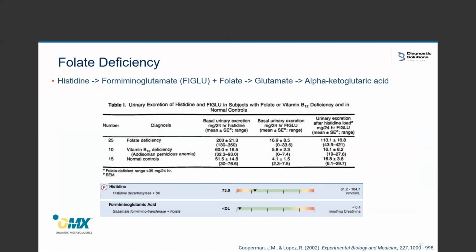So you're going to see urine histidine go up, but you would see plasma histidine go down. Interestingly, when someone is folate deficient and you give them histidine, it can take away their anemia, because hemoglobin is about 10% histidine. So adding it can be helpful.